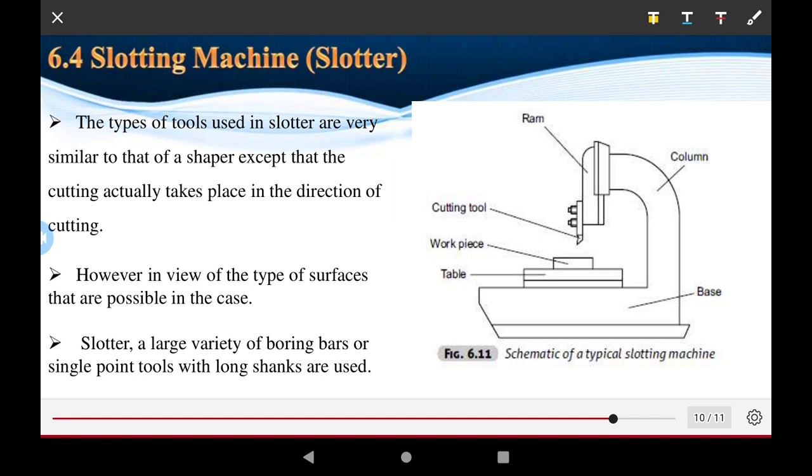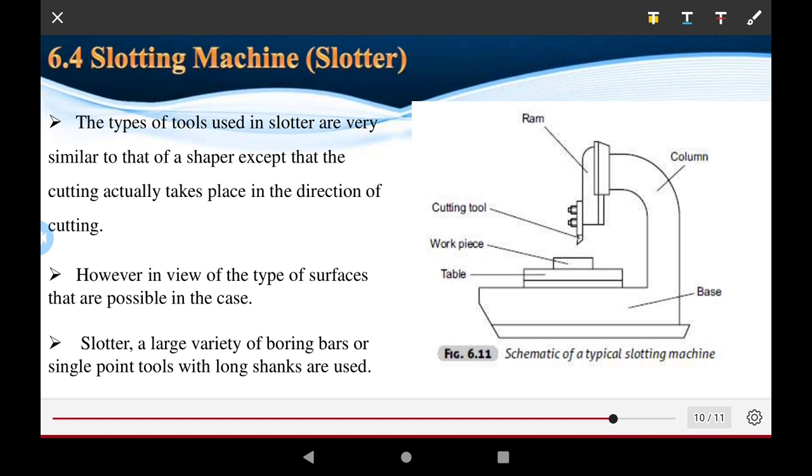In view of the types of surfaces possible, the ram moves with a reciprocating motion, downward and upward. This machine is very strong and uses a single point cutting tool.